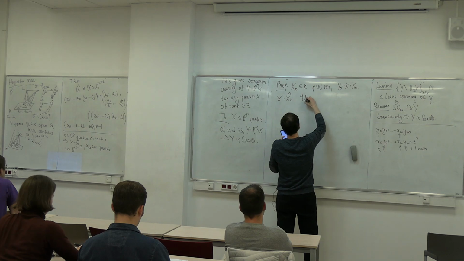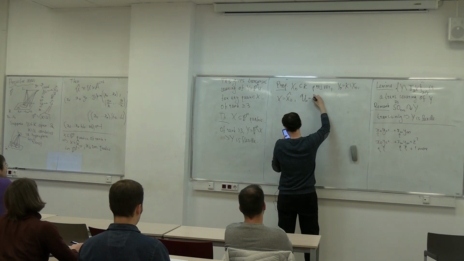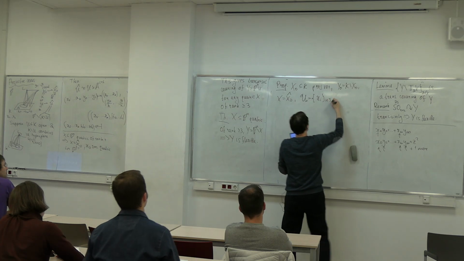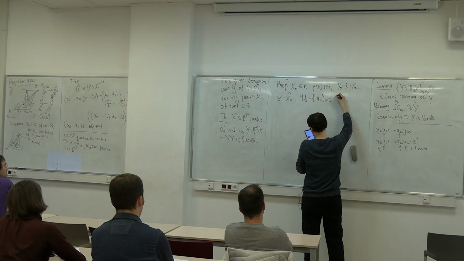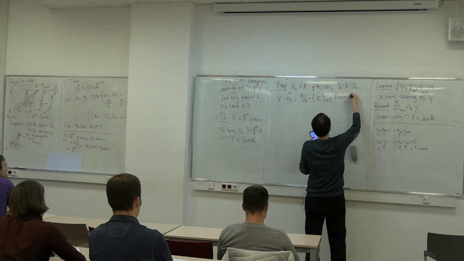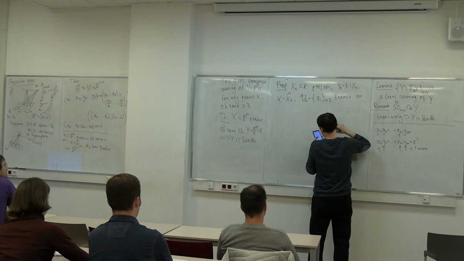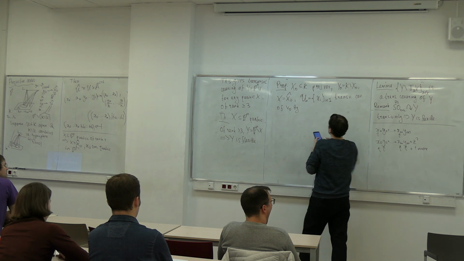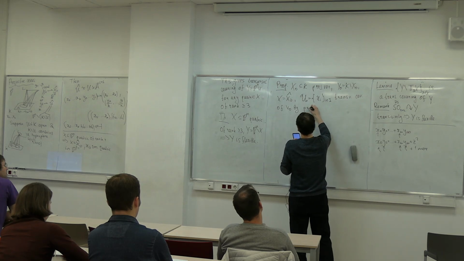Let U calligraphic be a family of cylinders, a transversal covering of U0 by cylinders.